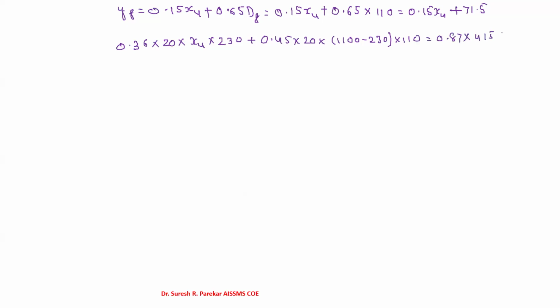Fy is 415 and Ast is 3694.15. And then we have value of Xu.